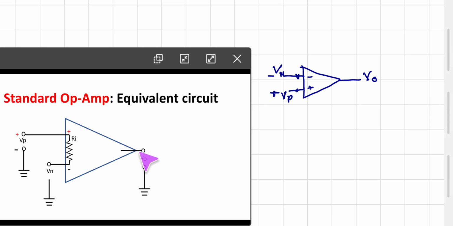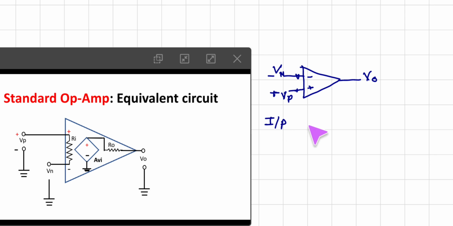Opamp has only one output, that is Vo, and here is the resistance at the output, that is called the output resistance. So Opamp has input resistance as well as output resistance, and this is the gain. Remember the inputs: Vp for the non-inverting terminal, Vn for the inverting terminal, and an output Vo.